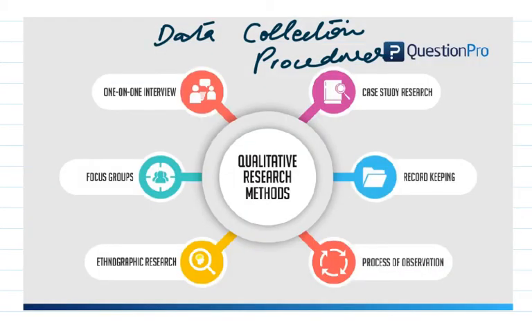Right, so here you have an image. When we consider qualitative research methods, we had talked about one-on-one interviews, and we had talked about how usually, mostly actually, interviews done in qualitative research are semi-structured interviews, right? Because semi-structured interviews really make for a lot of detail.